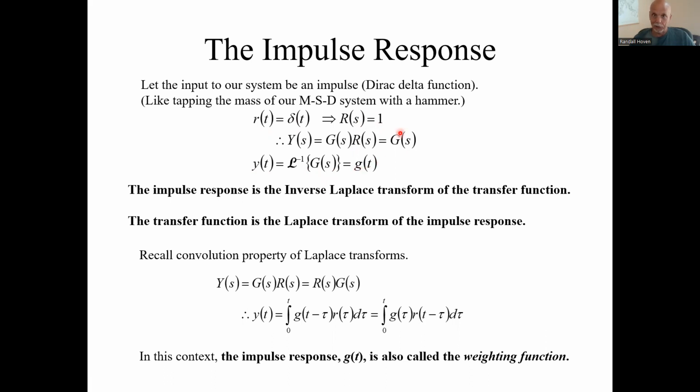So the transfer function has yet another meaning. And if we go on, there's a Laplace transform property: multiplication in the Laplace domain is convolution in the time domain. So this relationship here, y equals g times r or r times g, in the time domain means either this convolution or that convolution.